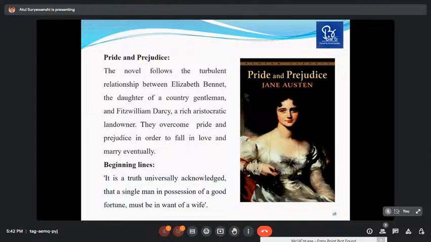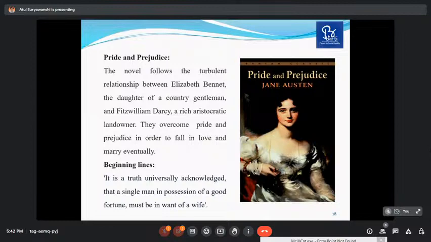To analyze the line from the semantic point of view, the plain meaning is like this. A single man means a bachelor, an unmarried man who has a lot of wealth. He is in search of a wife. This is not the expected meaning to Jane Austen.